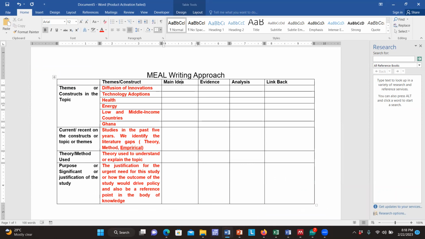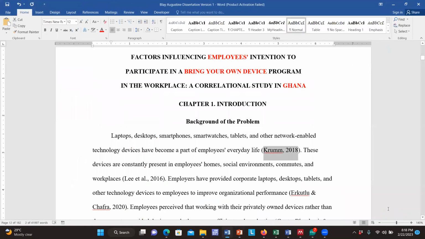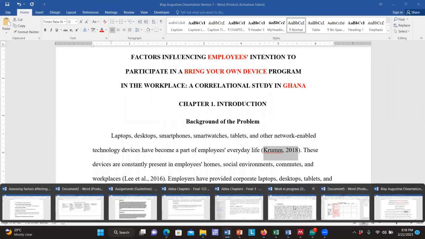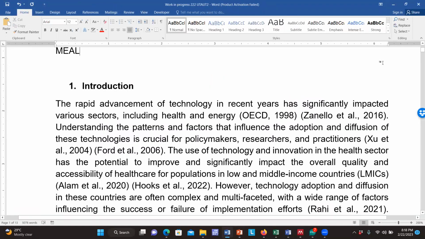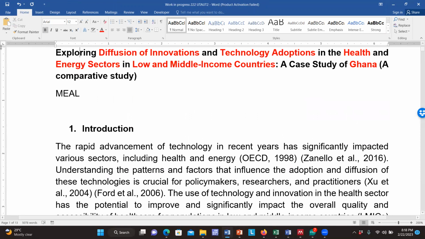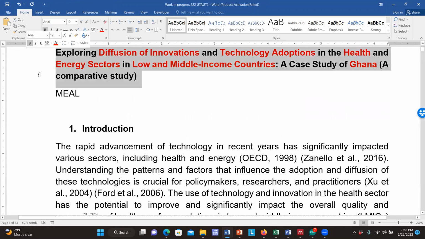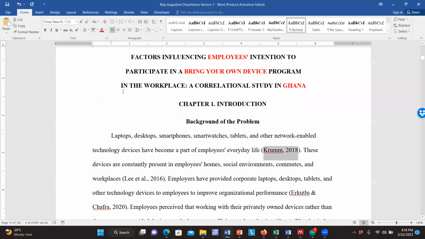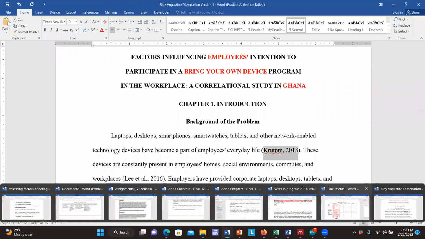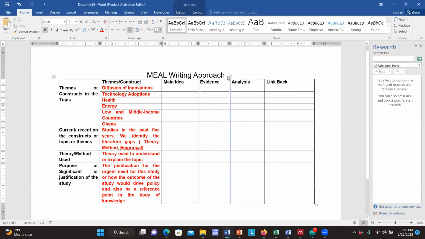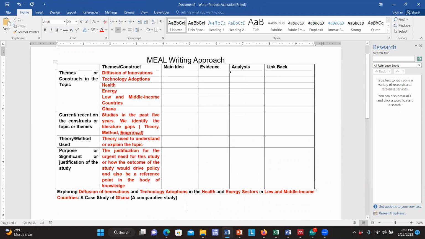Let me go and copy. We'll come there later. Kwabna's work, innovation diffusion, something. So this is his topic. And we're using that as an example, right? So let me bring this one here.